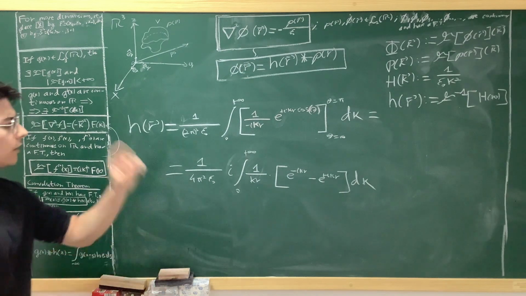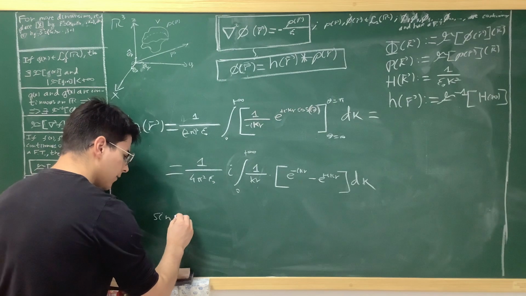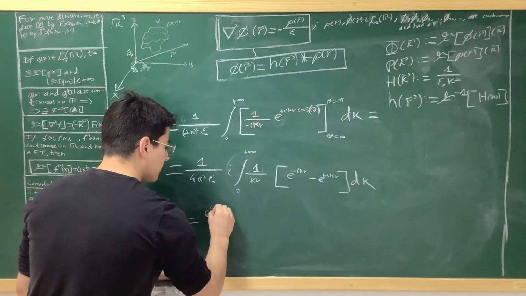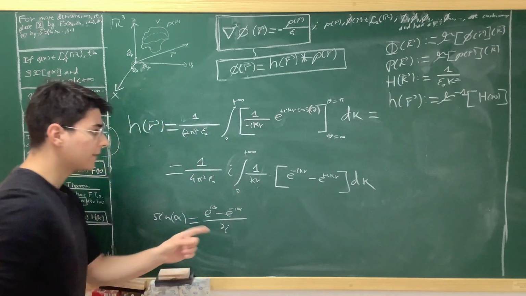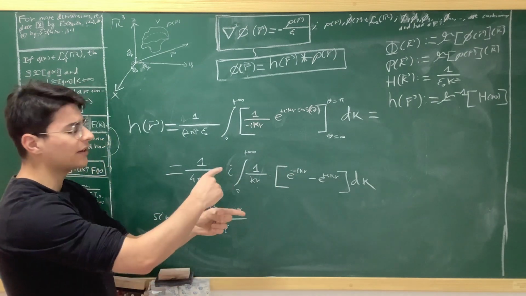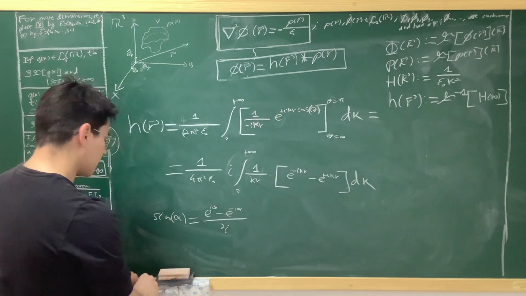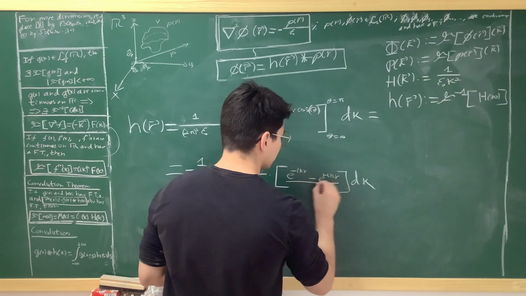And well, recall that the sine of alpha, some angle, is just e to the i alpha minus e to the minus i alpha over 2i. What we have here is this exact expression, but with the order inverted and without this 2i. So what we can do is say, okay, we need this 1 over 2i, so let's just include it.